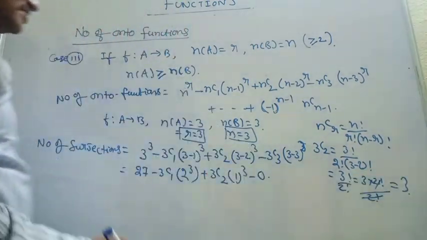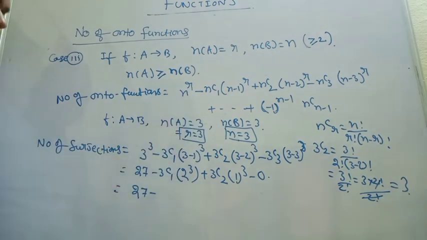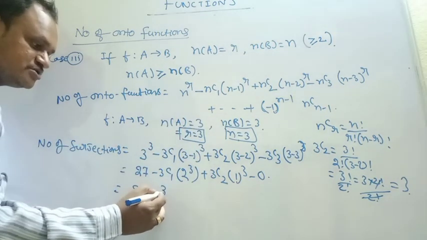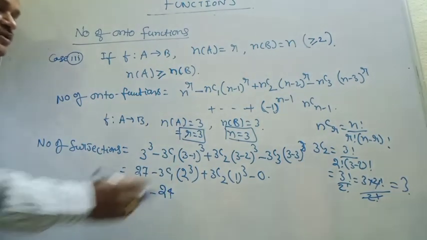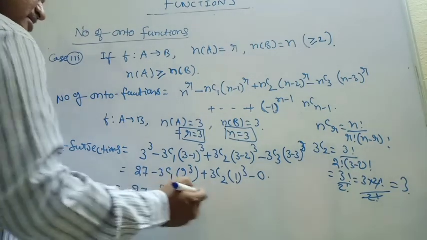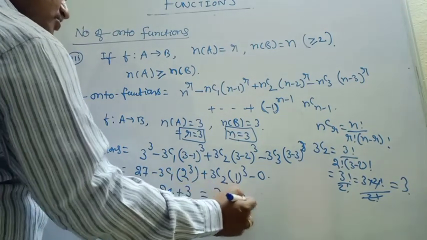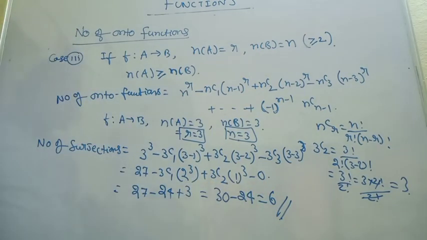Like that we get 27 minus 3C1 value, also 3, 3 into 8 is 24, and the 3C2 value also 3, so 27 plus 3 is 30, 30 minus 24, there are 6 surjections totally.